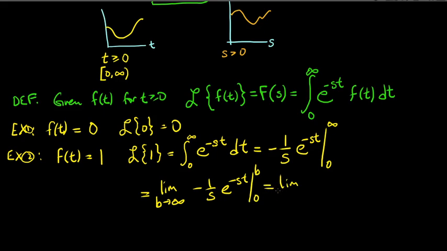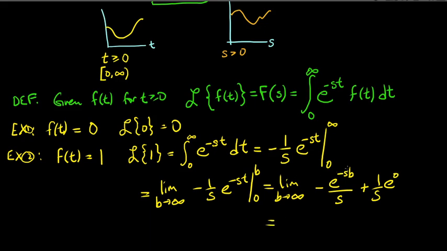So when we do that, we just get negative e to the negative s times b over s, and then minus a negative, so plus 1 over s e to the negative s times 0, which is e to the 0, right?